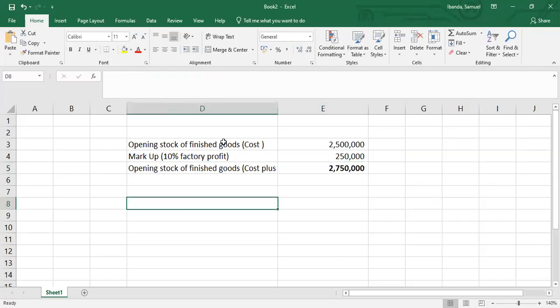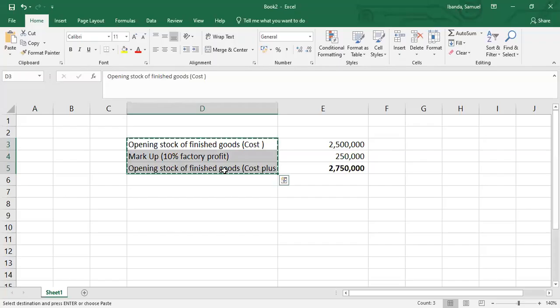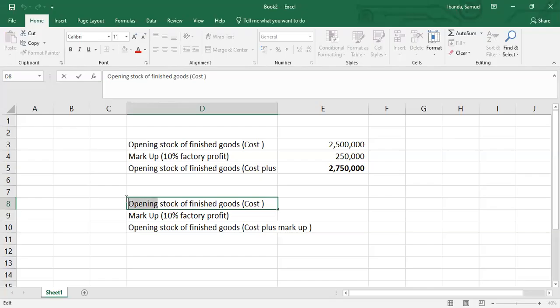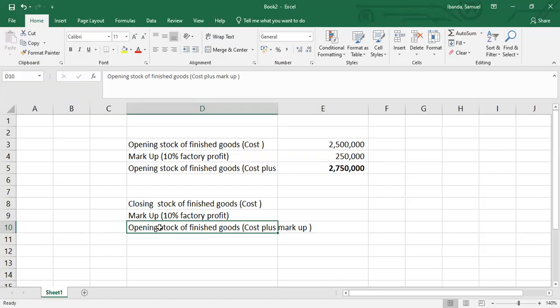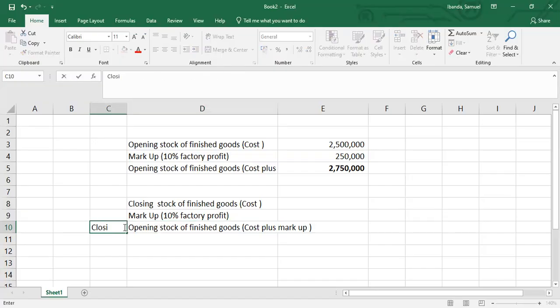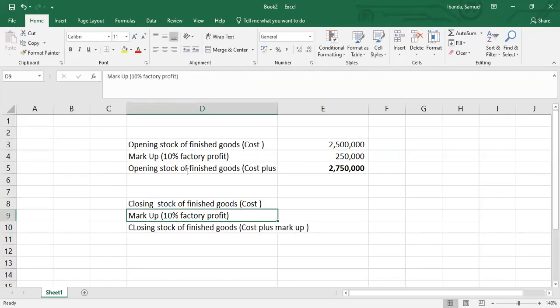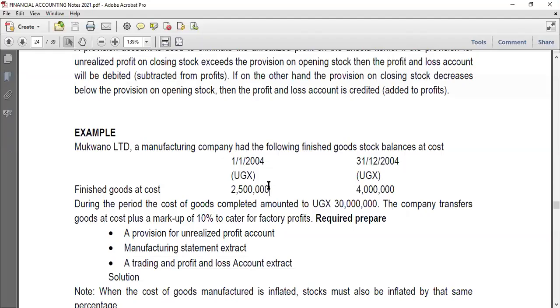So we'll do the same thing for the closing inventory. I'll call this closing, and I also call this closing. So when we come here, we saw this was 2.5 and then this was 4 million.